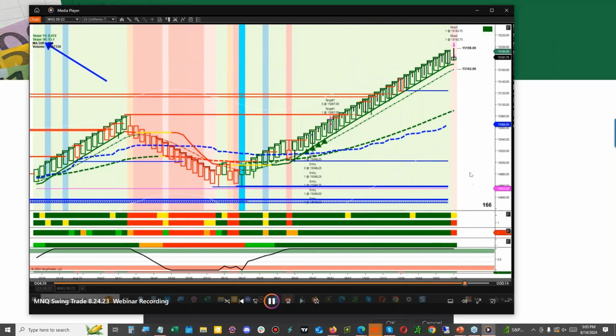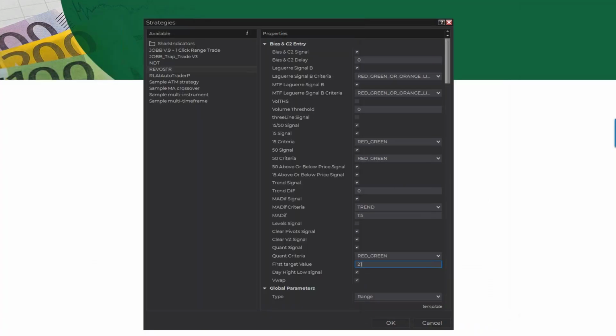570 ticks, and I only trade 4 micros. So it's basically $1 a tick for the first target of 80, so that's $80, and then $570. So this was a $650 trade, and I didn't do anything. It took the trade automatically, put me in the trade, and it worked out really well.